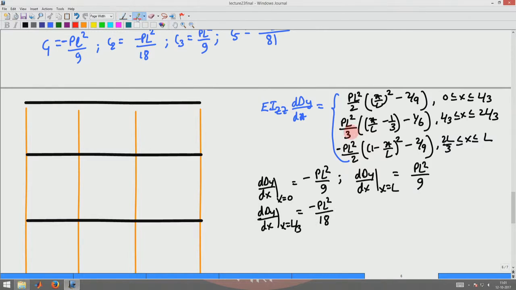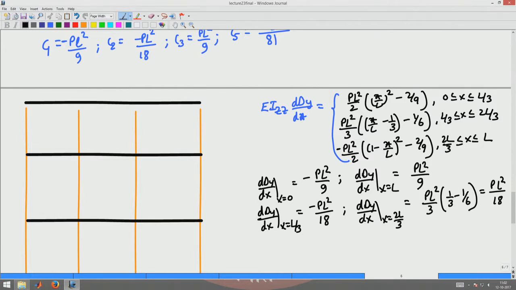We obtain this by substituting x equal to L by 3 in this equation, and d delta y by dx at x equal to 2L by 3, substituting again x equal to 2L by 3 in this equation, it will be PL square by 3 into 1 by 3 minus 1 by 6, which will be PL square by 18.